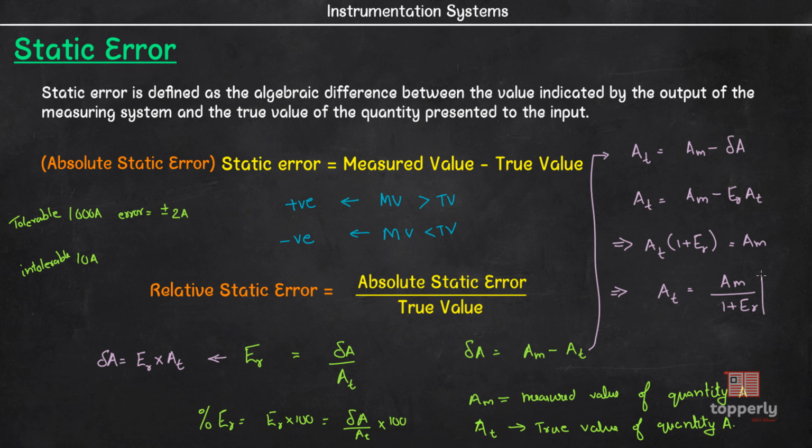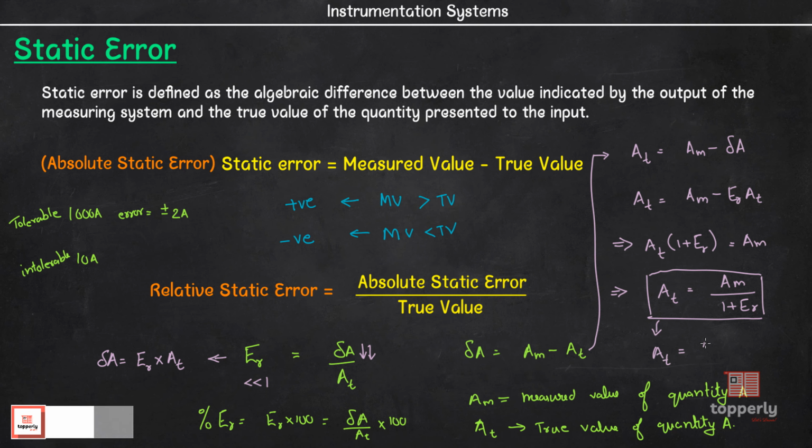Just keep this relation in mind, it will be useful for you. Also, when the value of ∂A is very small, the value of ER becomes very much less than 1, and as a result, this equation becomes AT is equal to AM into 1 minus ER. Just keep this in mind.